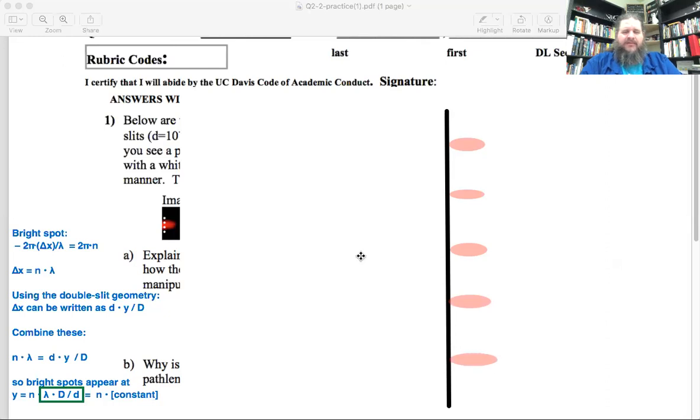If we label the heights of these on the wall, we can say the one at the center is y equals 0. The next one up, since n would just be 1, we get y equals 1 times lambda times big D over little d. And then the next one beyond that, we plug in 2, so we get 2 times lambda times big D over little d. Or if we're going downwards, we'd have -1 or -2.